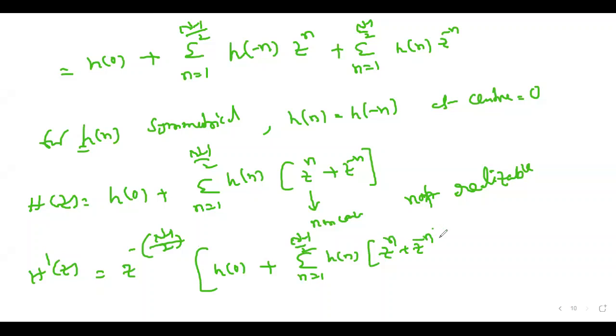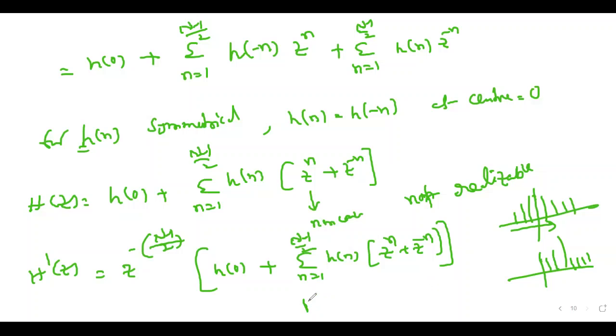That will shift everything to the causal side. That means the points we had so far are now shifted by (N minus 1)/2 points. That is why it is delayed. The total signal is just shifted, so this non-causal system became causal, which is physically realizable.